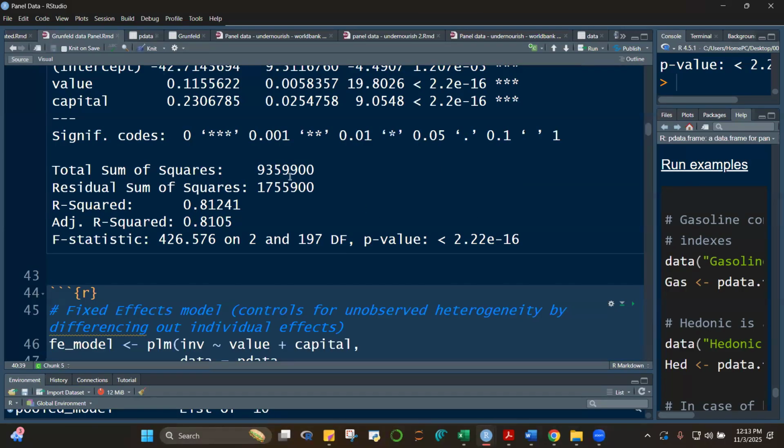Total sum of the squares is this amount. The one that's not predicted is 1755. You can get the ratio of that. It will give you around 18% something. So that's the variation in our dependent variable that can be explained by our model.